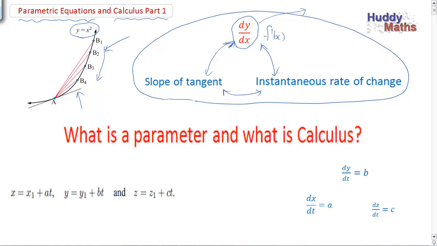I wonder, just a little aside here, dy by dx. Do you know where that came from? What are the d's doing in there? dy by dx. It's not d times y divided by d times x, is it? It's a much more meaningful expression than that. And I'll just show you here. It's the limit as delta x tends to naught of delta y over delta x. Don't know whether you realise, but delta in maths is equivalent to change in. We use it quite a bit instead of change in. So this is change in y over change in x.